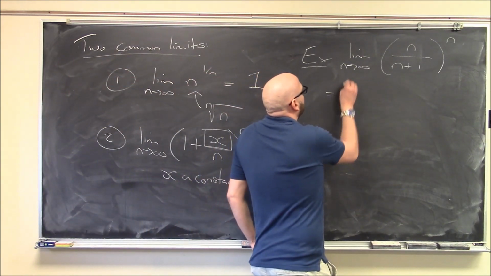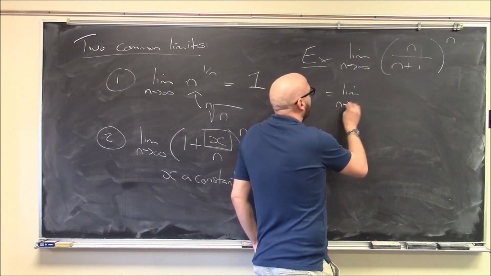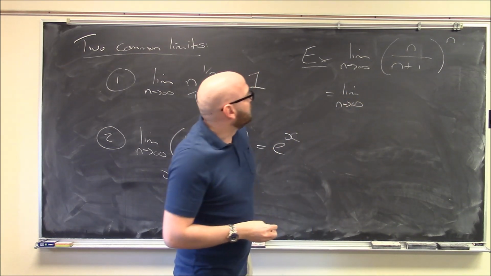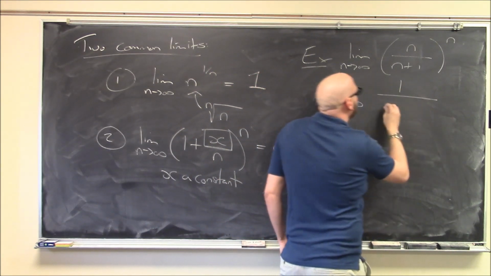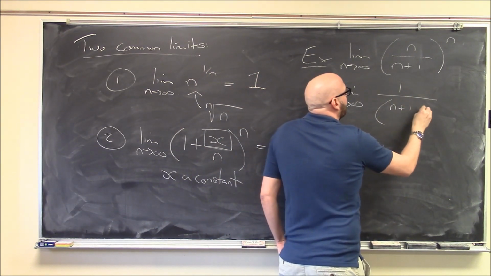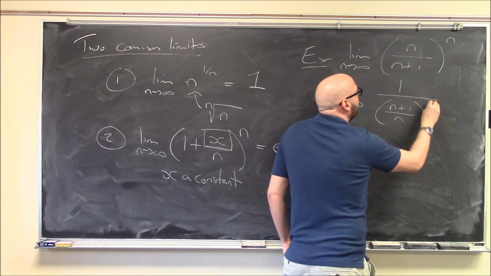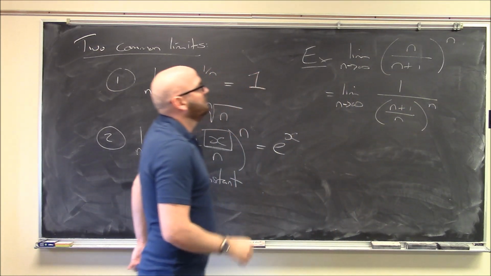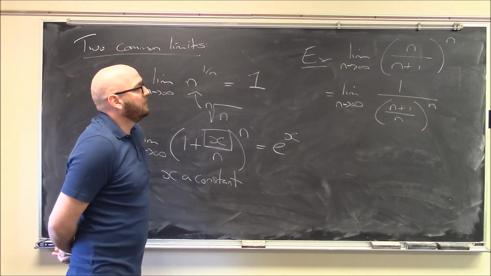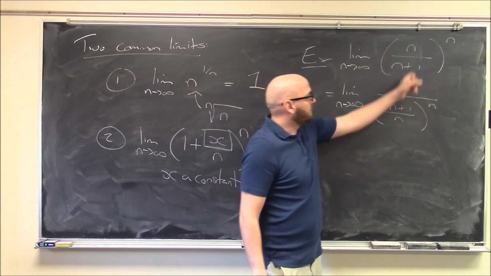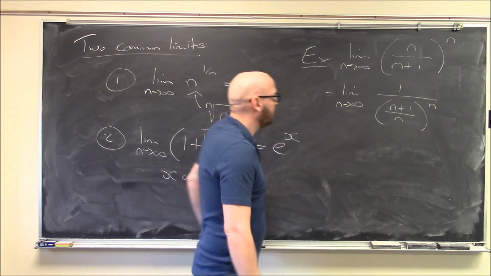Alright, so what I'm going to do is first take the reciprocal of everything, right? So I'm going to write this as 1 over ((n plus 1) over n) to the n. Alright, that's an algebraically legal move. As long as I take the reciprocal of the inside, I can write it as 1 over this expression.